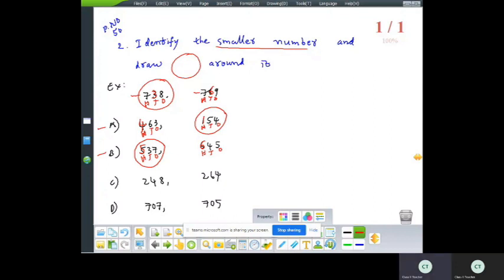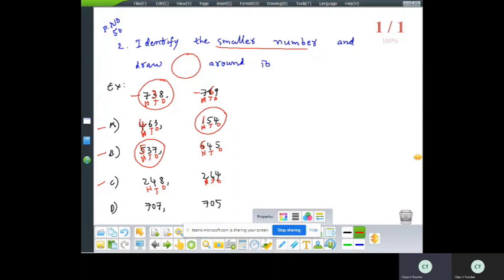Next, question C. The given numbers are 248 and 264. Same process. First we look at the place values: ones, tens, hundreds. First we compare the digits in the hundreds places.